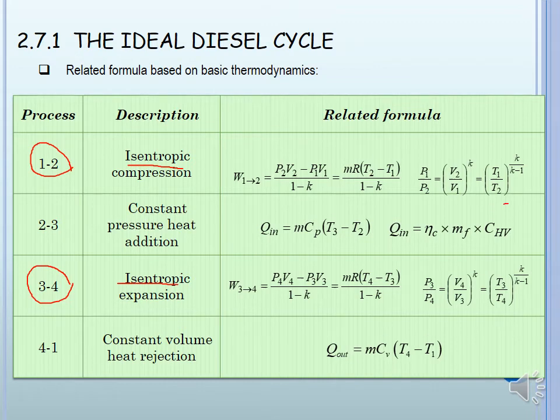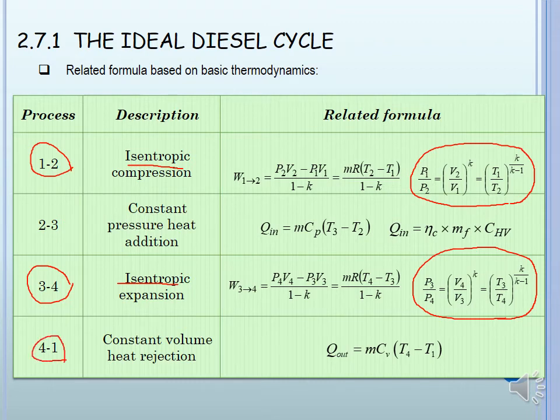For isentropic, we will use this formula, exactly the same as the Otto cycle. And process 4 to 1, constant volume heat rejection, is also the same as the Otto cycle, that is Q equals mc delta T.